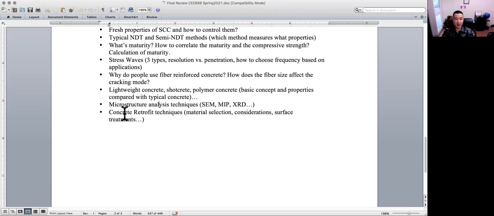And then finally, concrete retrofit techniques. That's the last lecture. You should know, when we select the materials, what the considerations are and what the basic procedure is to do the repair, including the surface treatment and so on.